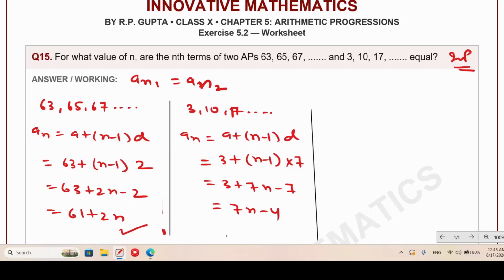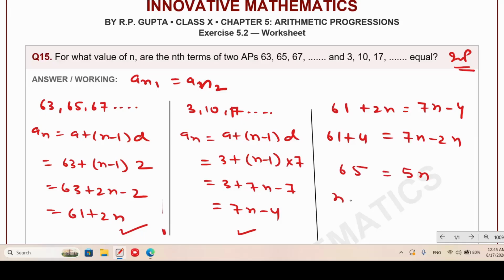Now according to the question, this is equal to this, so 61 plus 2n is equals to 7n minus 4. So 61 plus 4 equals to 7n minus 2n. So 65 is equals to 5n, and n is equals to 65 by 5, which is 13. So the value of n is 13.